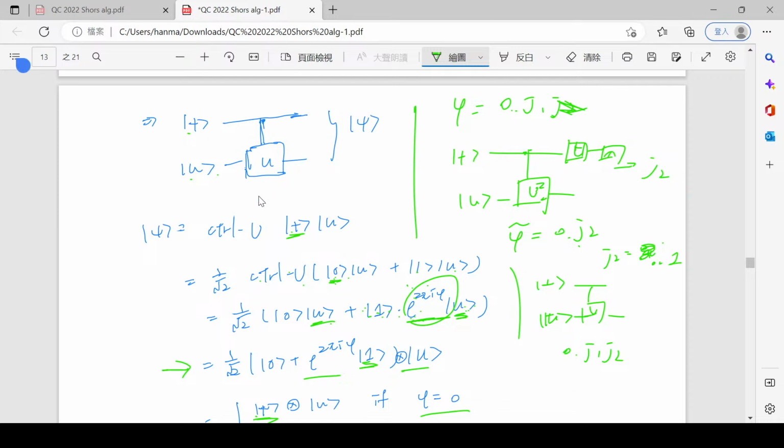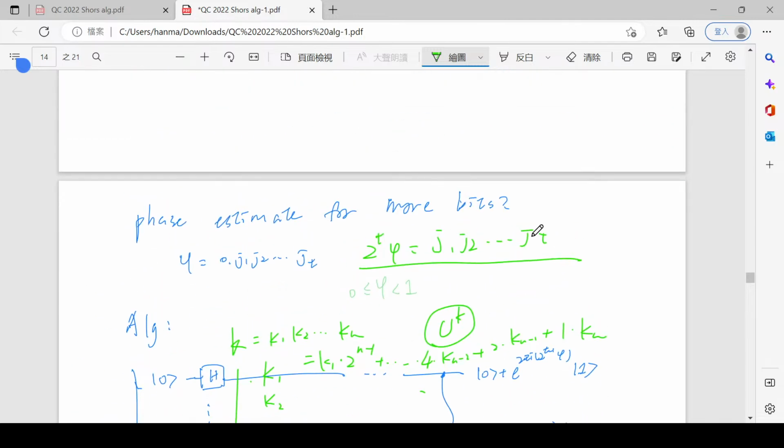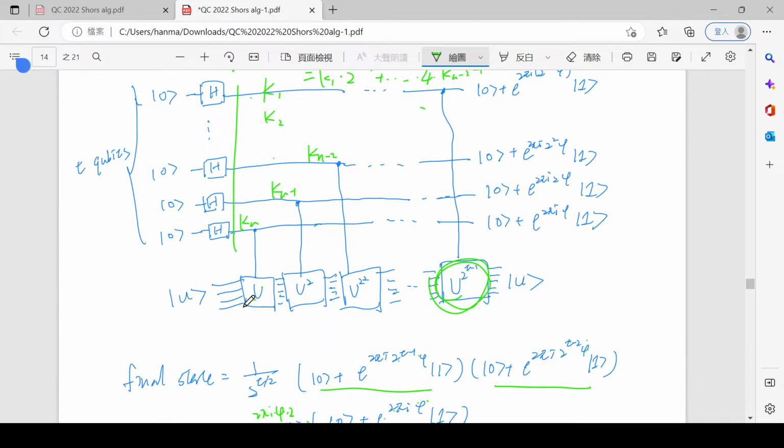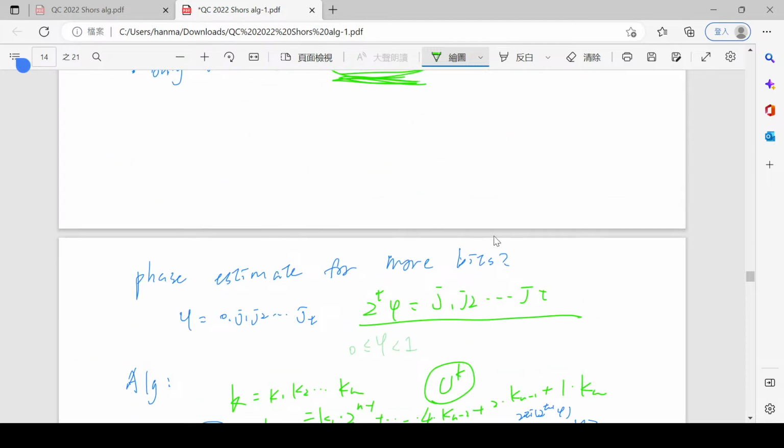Now if there are more bits, it gets more and more complicated, but at a very high level, you can exponentiate U to very high power, then resolve your psi from the back to front, 1 bit by 1 bit, always with just a 1 bit control here, and do the phase estimation. So that's how Kitaev does phase estimation, and I believe you will have a homework of trying to analyze it for 3 bits. Okay.